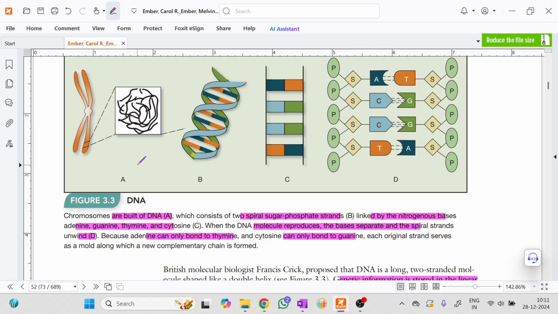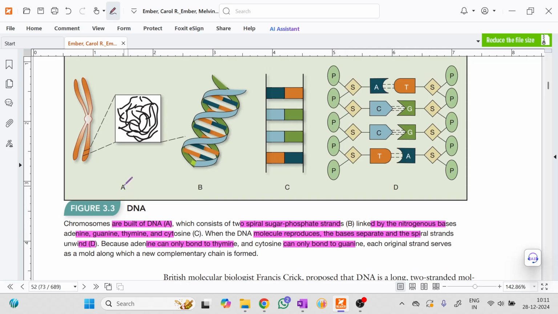Now you can see here the actual representation of DNA. So this is one such chromosome, which is the condensed form of DNA. If you unfold it further, you will see this structure. If you straighten this double helix, you will see a ladder-like structure in which bases are arranged in a repetitive unit.